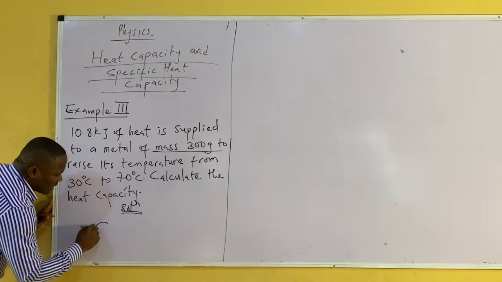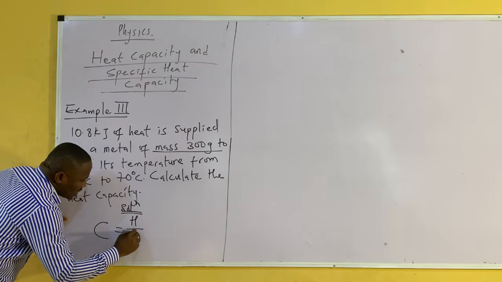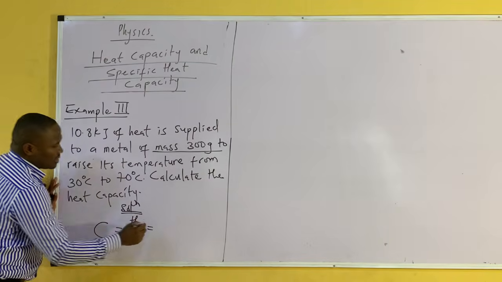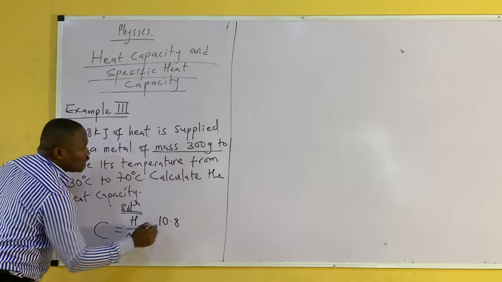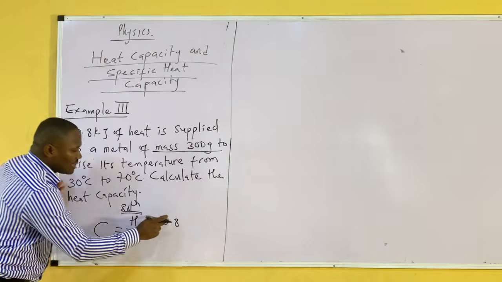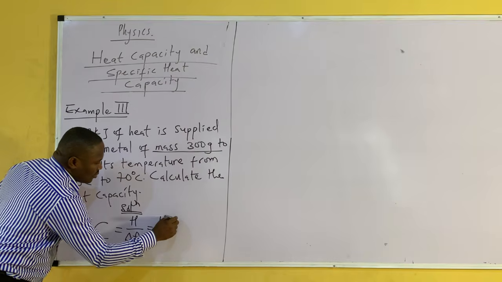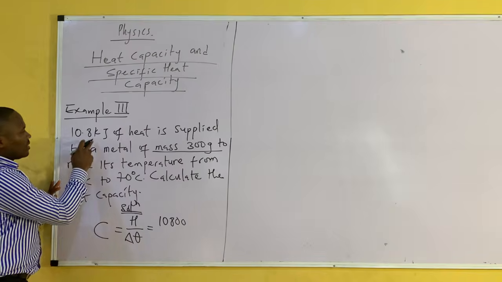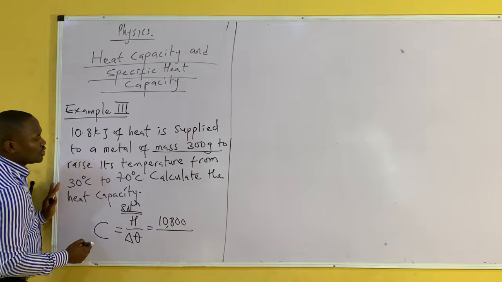Remember, heat capacity is equal to heat over change in temperature. So what's our heat? Our heat is 10.8 kilojoules, meaning 10.8 times 1000. So that becomes 10,800 over, what's our temperature change?